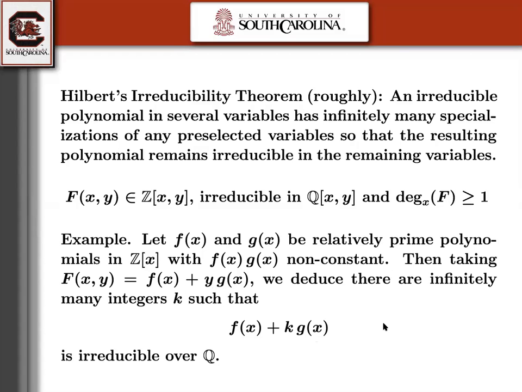So that you can think of as a generalization of Dirichlet's theorem. Instead of numbers here, we have polynomials, and we're making it irreducible rather than saying prime. So in fact, you could think of this as saying that it's irreducible over the integers, and that would allow for Dirichlet's theorem as well.